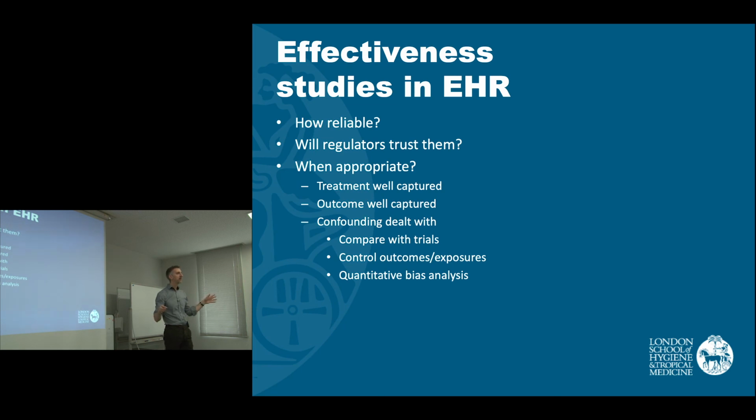If the answer is, you would need to have an enormous amount of confounding to change the results that you generated, then I may have more confidence that my results are correct. But these are things that I think we need to do, but I think we still don't have a good idea how best to do them and how best to interpret them.